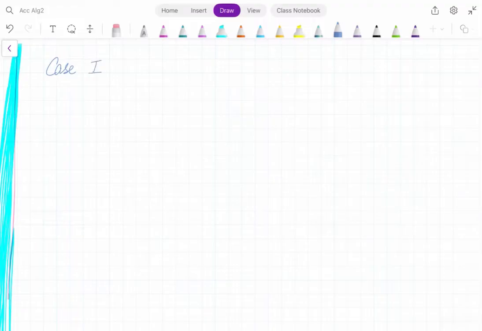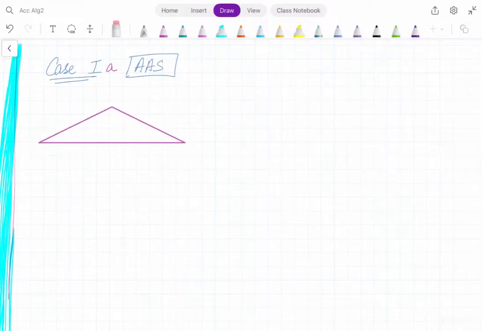So case 1, as I said, case 1 and 2 can be solved with law of sines. With case 1, we have two options, angle angle side or angle side angle. So let's take angle angle side first. So we have one triangle here. So let's label it.